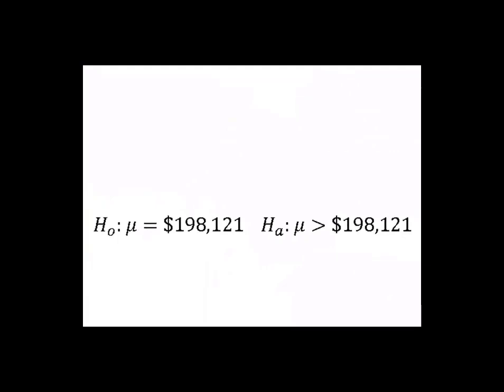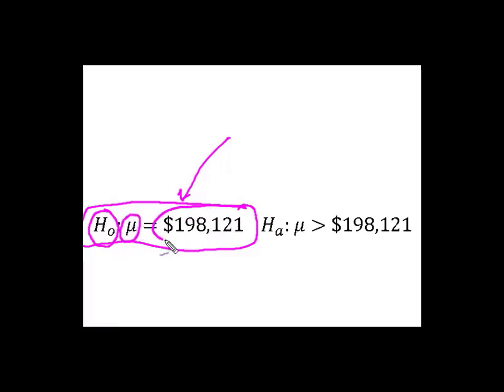Remember over here on this screen, when you set up your hypothesis statements, if you want to know what to enter into Minitab for a hypothesized mean, go to your null hypothesis. You already typed it out. This says the null hypothesis is that the mean is equal to 198,121.